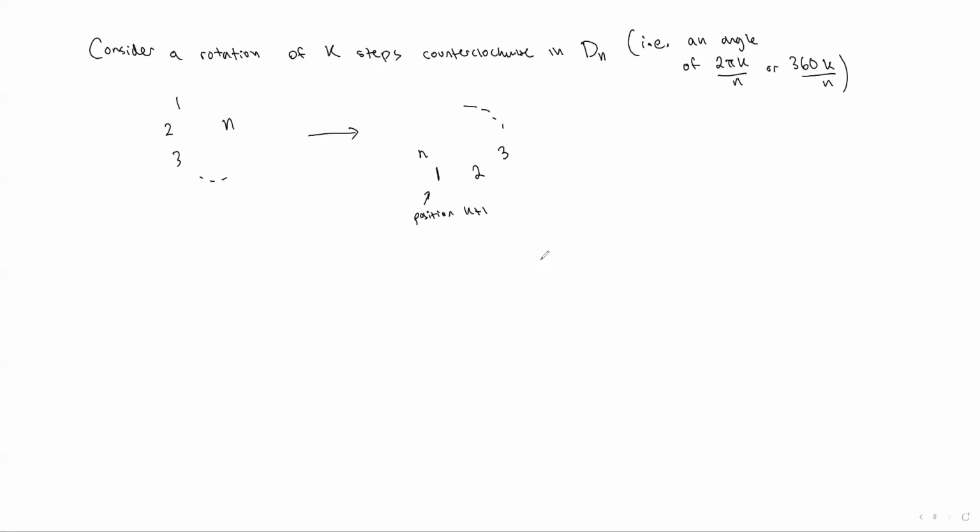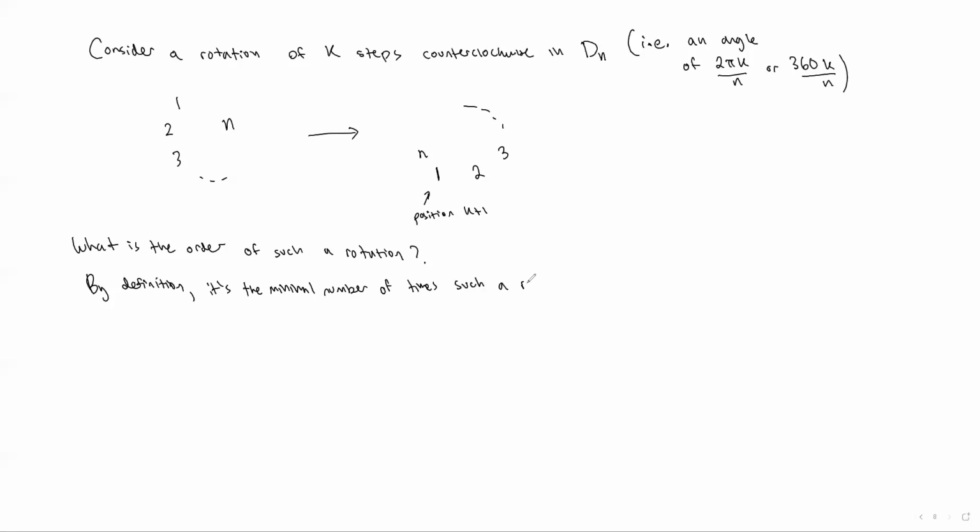Okay, so what is the order of such an element? By definition, it's the minimal number of times the rotation must be repeated for the result to be the identity.